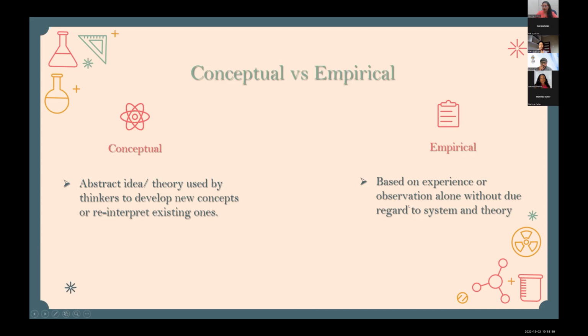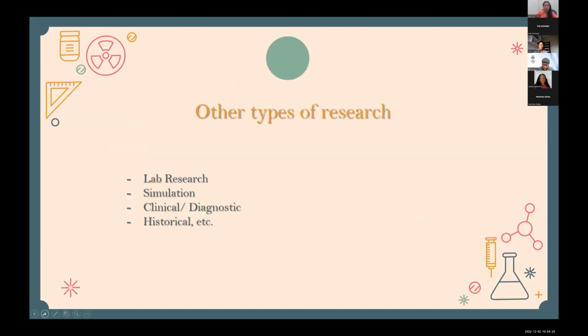Now, what is empirical? Empirical is based on experience or observation without due regard to system and theory. So in that case, you base yourself on what you have observed, data you have collected, and from there, you can proceed to form your own methodology, for instance, or use any other existing methodology.